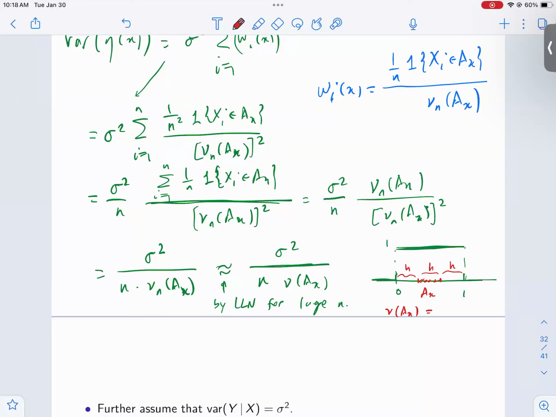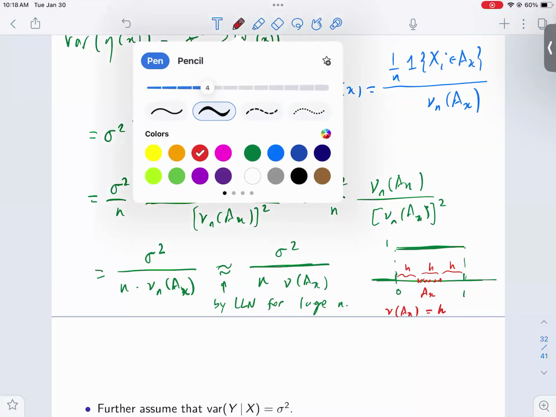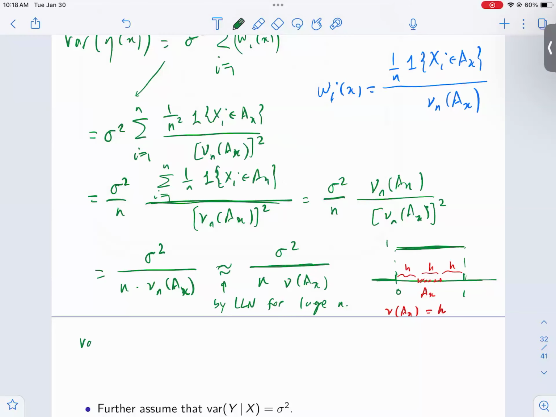So what is the probability that a random x lands in a cell of length h? It's uniform, so it's h divided by 1. So this is going to be h in general, no matter which cell of the partition. So in the end, the punchline is the variance of eta hat of x is approximately, for large n, sigma squared over n divided by h.